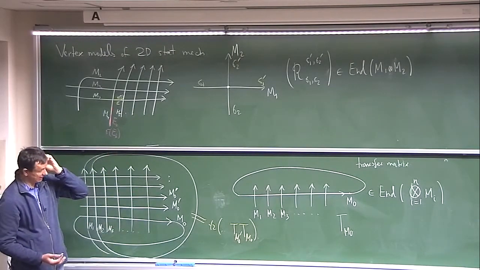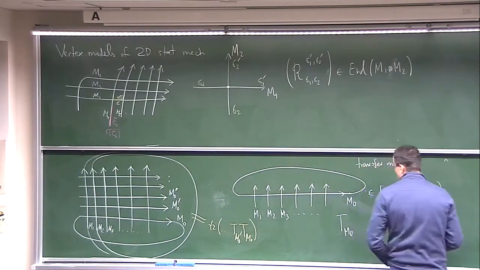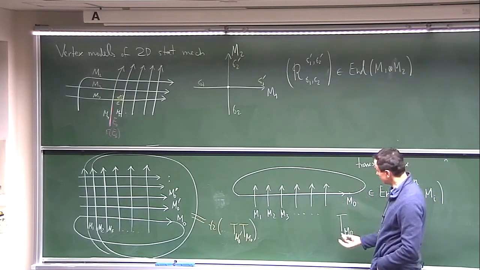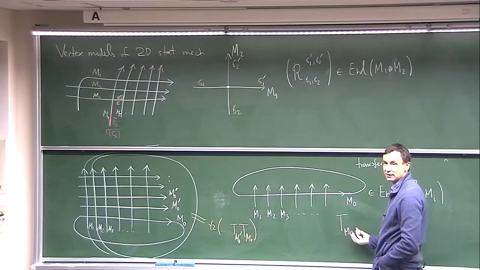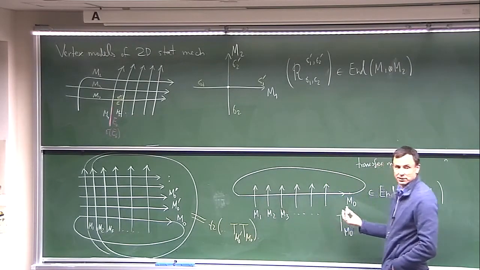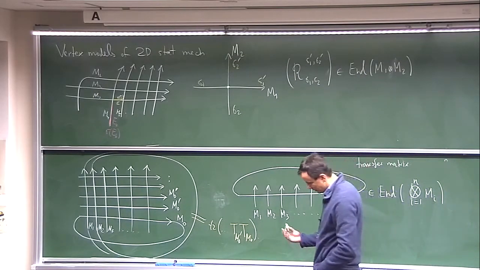It's called a transfer matrix. So if by chance it turns out that these commute and can be simultaneously diagonalized, then like I said, this is great, because for many models.